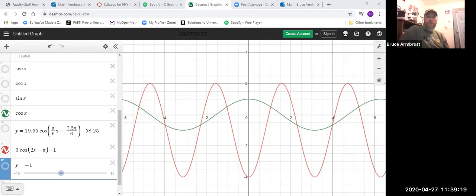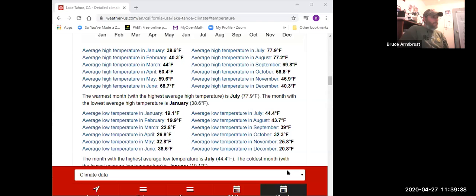Hold on one second, I didn't share the right screen. All right, so here are the average temperatures for South Lake Tahoe.